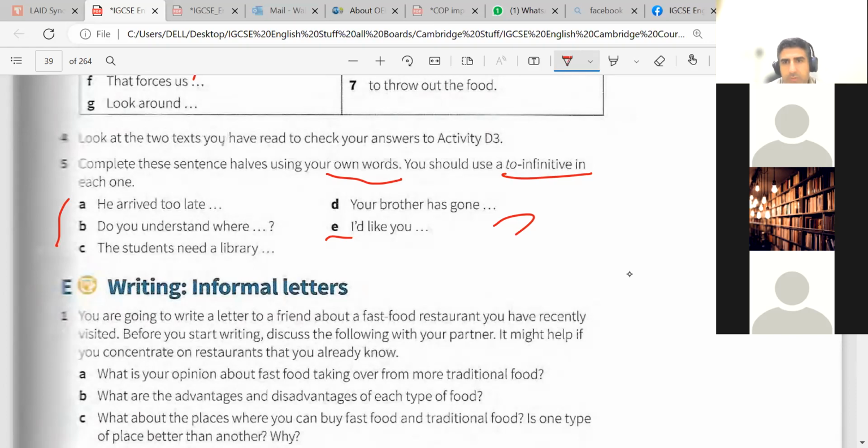What should you do now, ya jury? Please go to exercise 5. Complete these sentence halves using your own words. You should use to infinitive in each one, from A to E. Use your own words to complete true sentences about yourself.